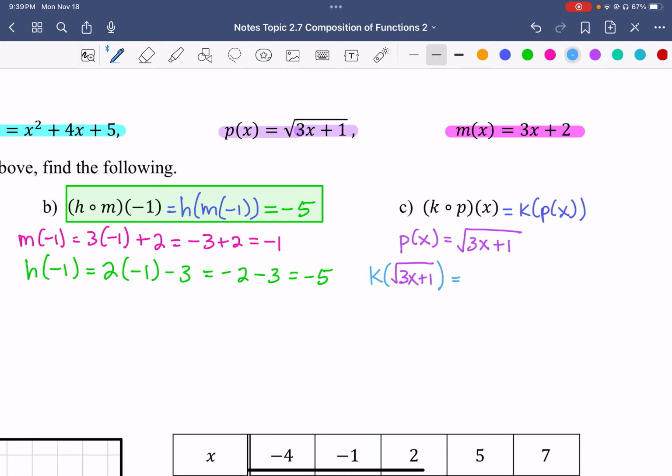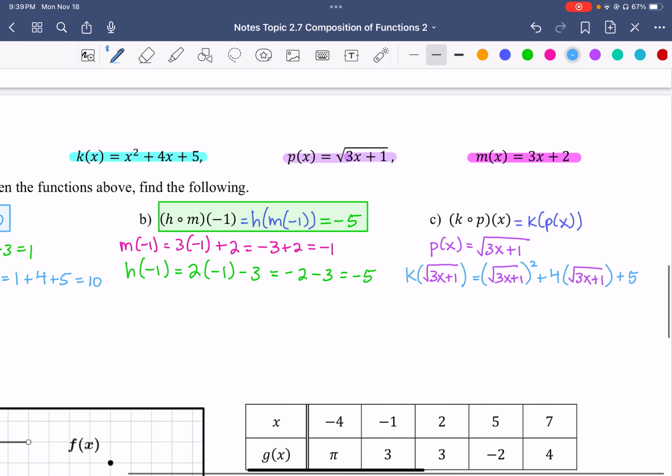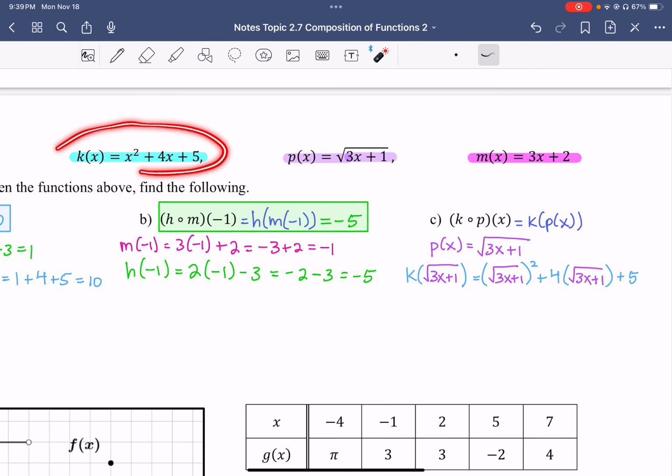Okay, which is, instead of x squared, we're going to have the square root of 3x plus 1 squared plus 4 times the square root of 3x plus 1 plus 5. Okay, so I just want to show you, they told me to plug all of that into k of x.